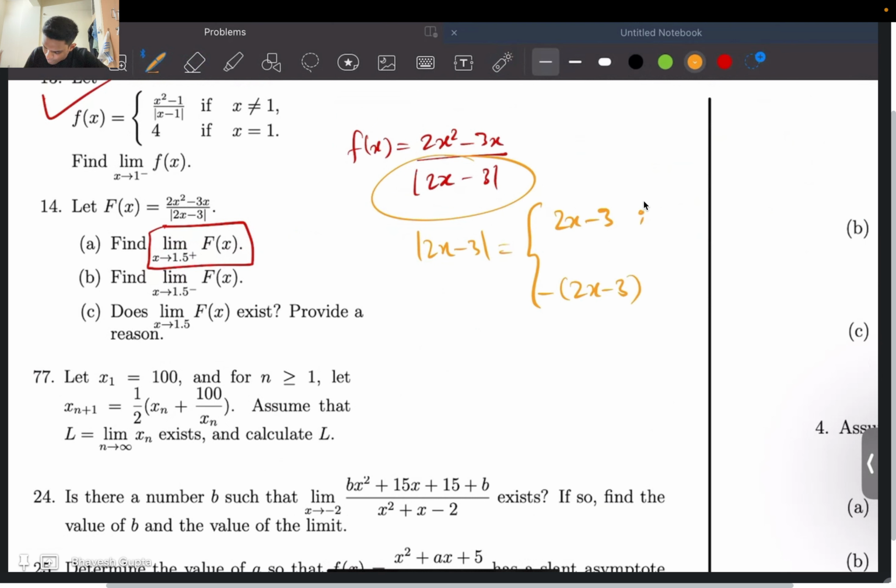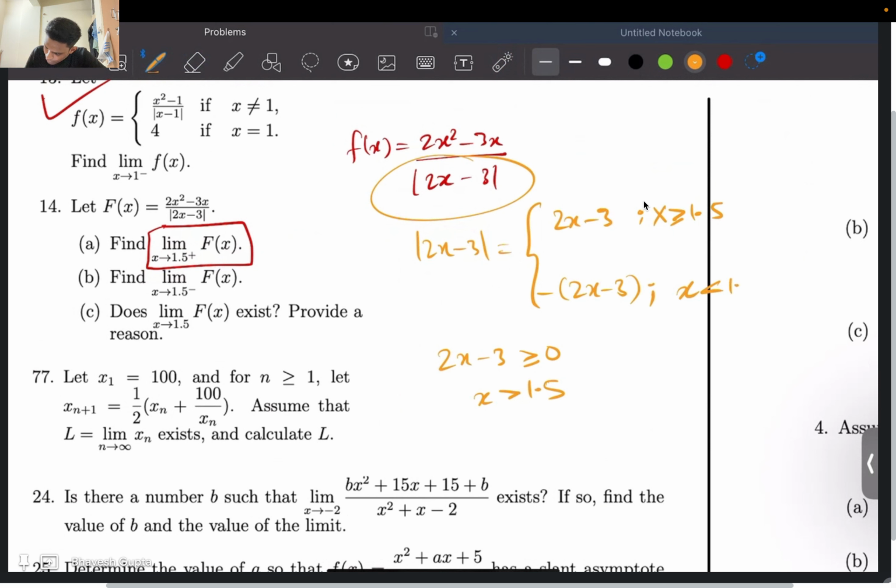The first branch occurs when the input of the modulus function is positive, so whenever 2x minus 3 is positive, which tells me that x is greater than 1.5. That means for x greater than or equal to 1.5 I have this particular behavior. But for x less than 1.5, it opens up with the extra negative sign.